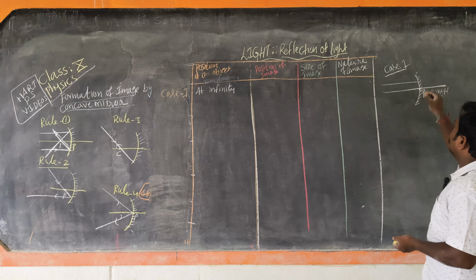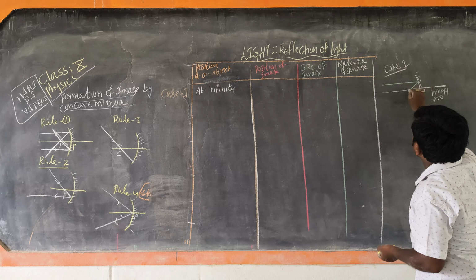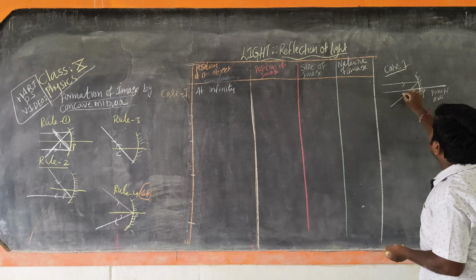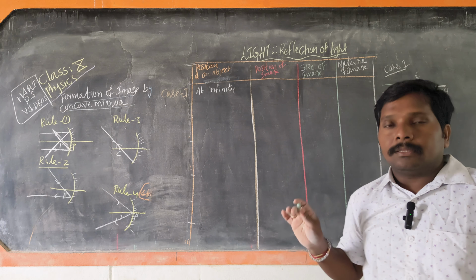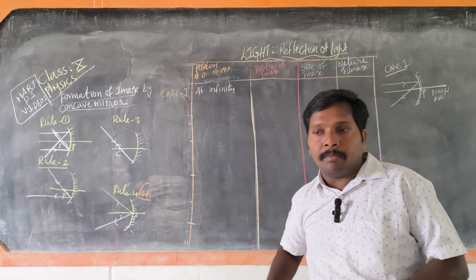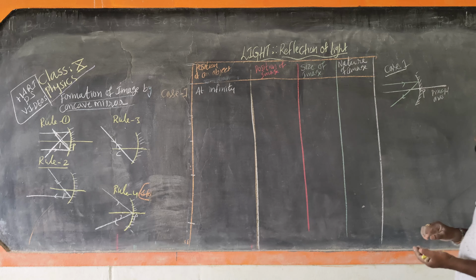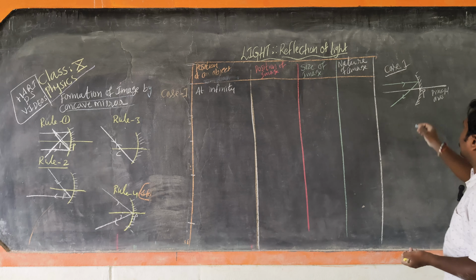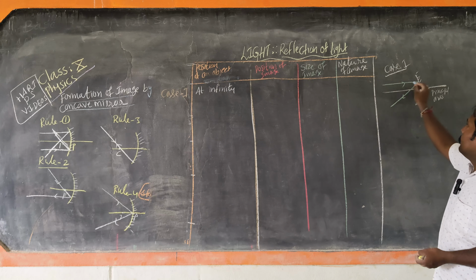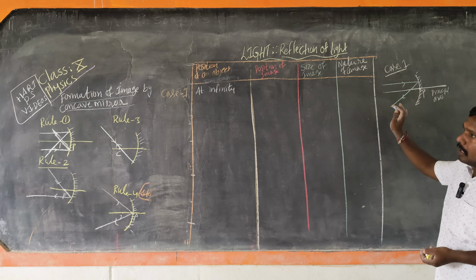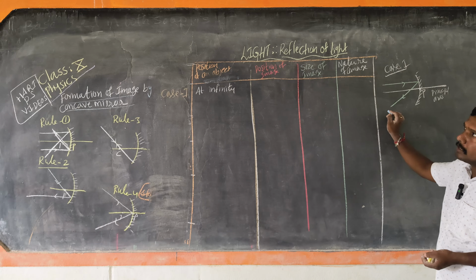So it passes through focus. With a single light ray, we cannot determine the position of an image. At least we require 2 light rays. So with a single light ray, it is not possible.